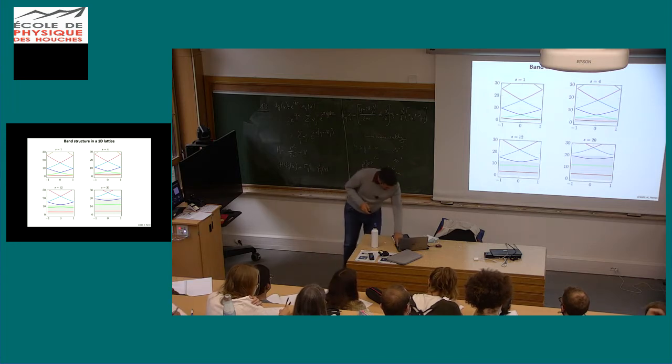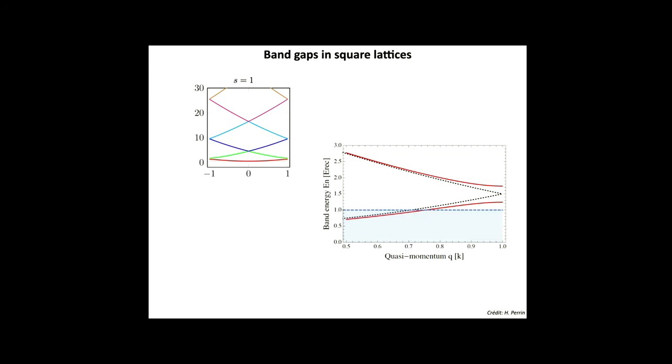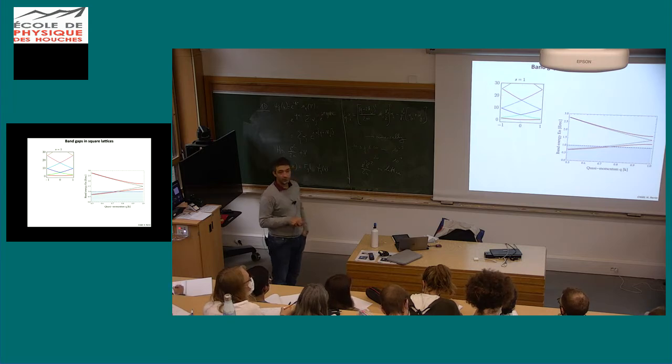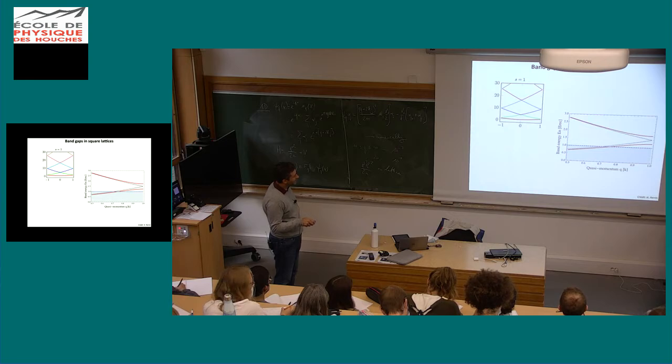So let me zoom in. This is for one recoil. I'm zooming in on this small part here, at the edge of the Brillouin zone. In dashed, you have the parabolic dispersion of a non-interacting particle. And in red, this is red and red, while here it was red and green.